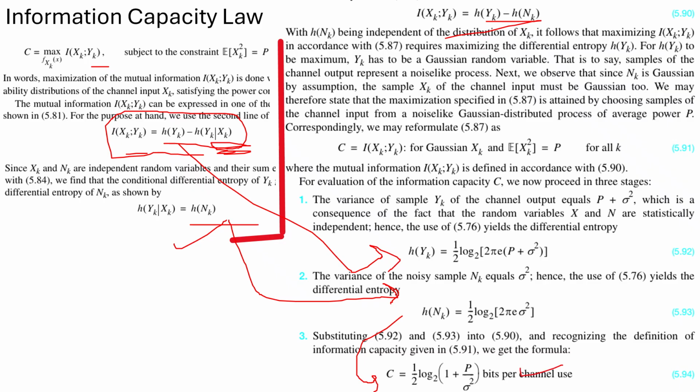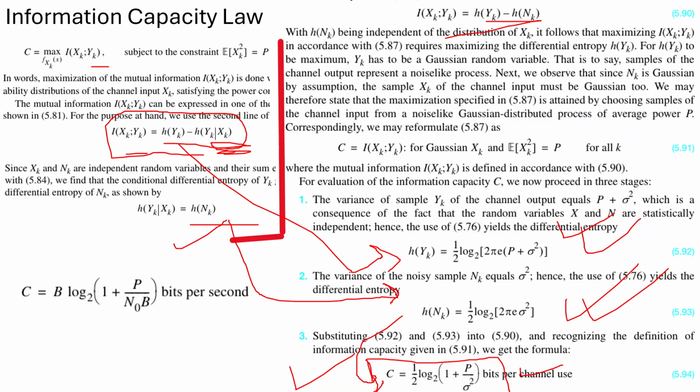We are considering only standard Gaussian noise. In that case, the noise power and the signal power you can write in terms of the variance. After finding the variance, you can put in the values, and you will get the channel capacity, that is half of log base 2 of 1 plus P over sigma square. So this is the final value.